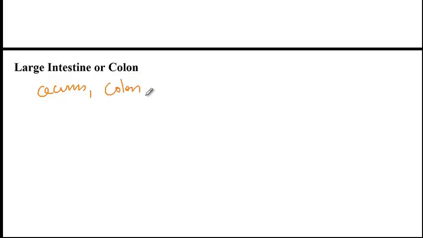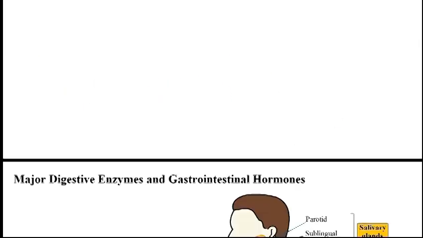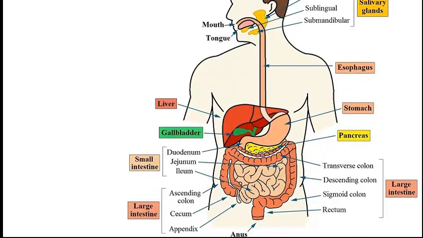Then we have the colon, then the rectum, and then finally the anal canal. And those are being shown right here in this image. So the first part is called the cecum. Then we have the ascending colon, the transverse colon, the descending colon. Then we have the sigmoid colon, and then finally the rectum and the anus.